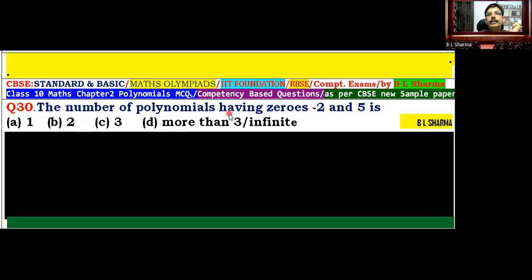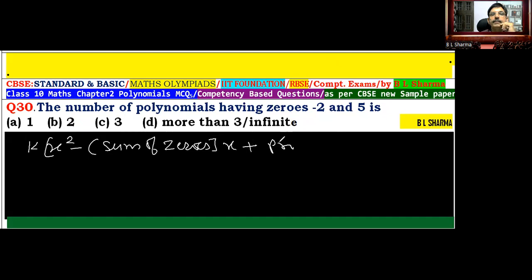The number of polynomials having zeros -2 and -5. देखिए वेरी सिंपल बट वेरी ट्रिकी क्वेश्चन. I'm taking one example, otherwise you can give the answer orally. k times x square minus sum of zeros, ये quadratic जो polynomial होता है उसका फॉर्मूला है, plus product of zeros. k is any non-zero constant, x square as it is.